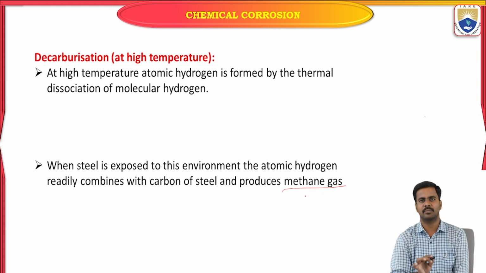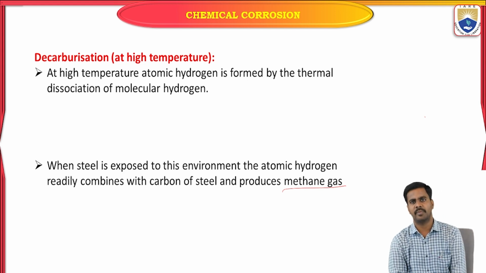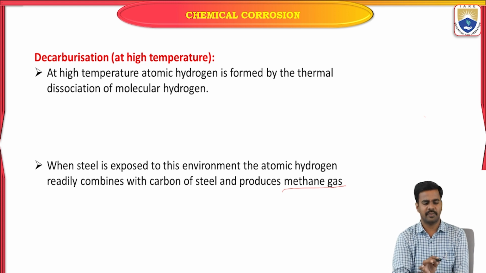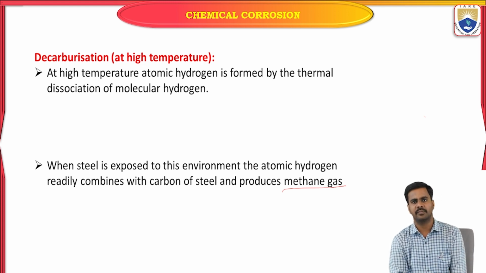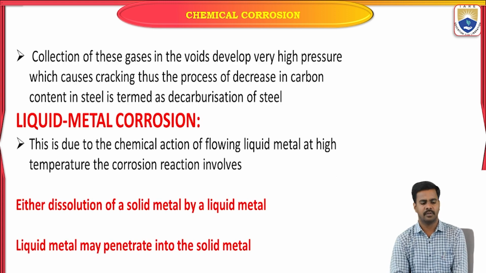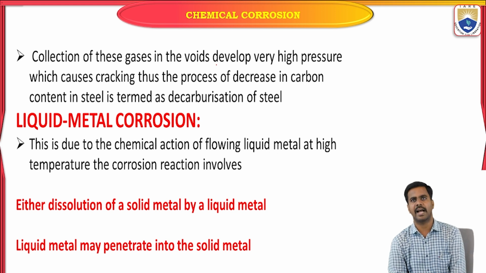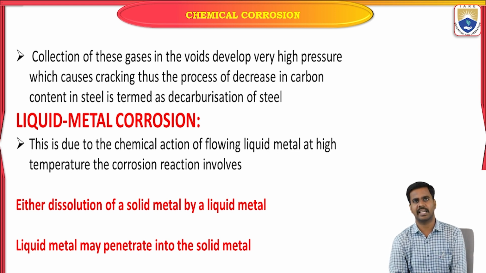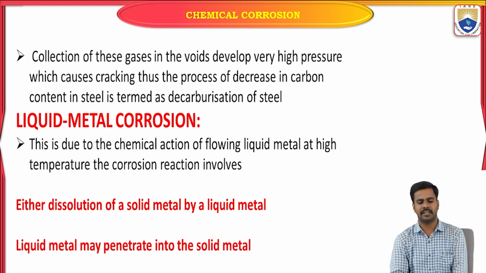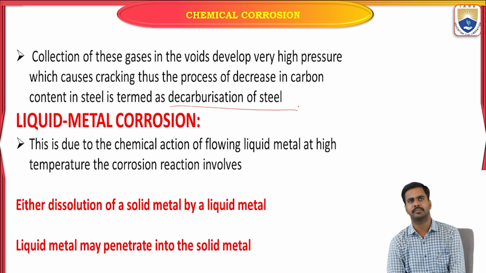Because of this methane gas, breakage of the metal will take place. So this type of decarbonization takes place at high temperature. The accumulation of methane gas in voids develops very high pressure, which causes cracking. Thus the process of decrease in carbon content in steel is termed decarbonization of steel.